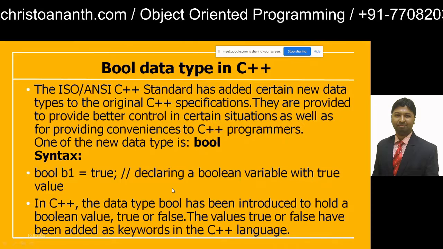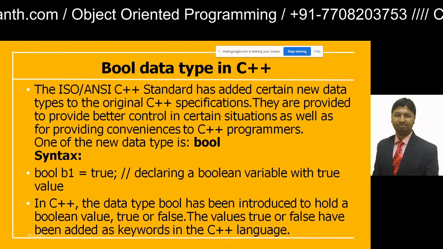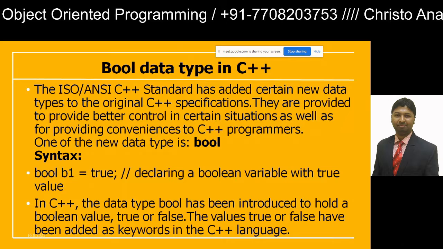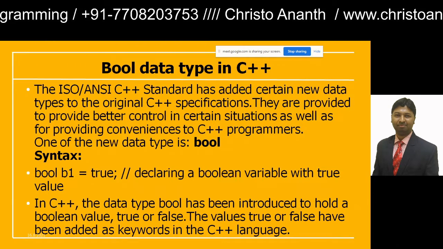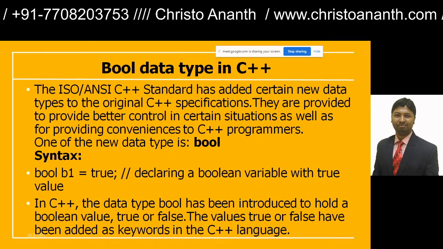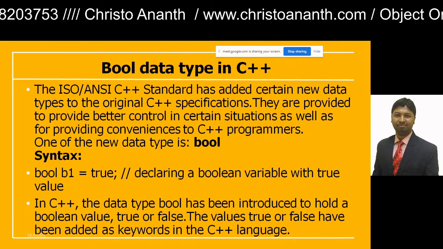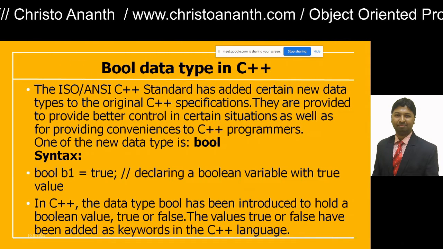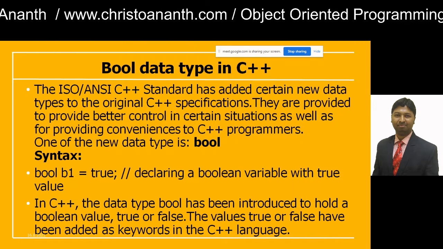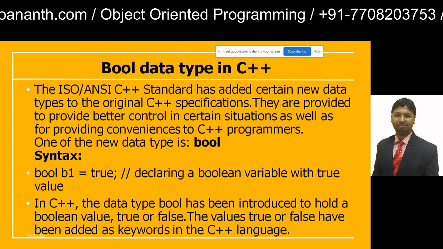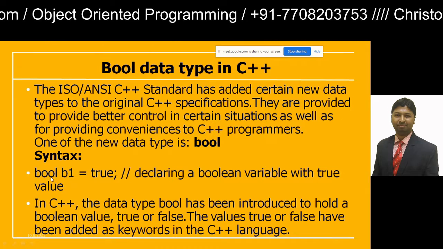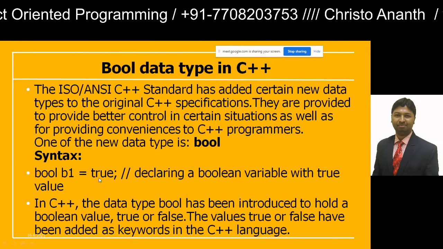So this is the Boolean data type in C++. Several Boolean functions are there to support the functionalities of C++. Generally we have exercised better control in certain situations for C++ programmers, and that's the reason you use bool. For an example, you give it as bool b1 equal to true.